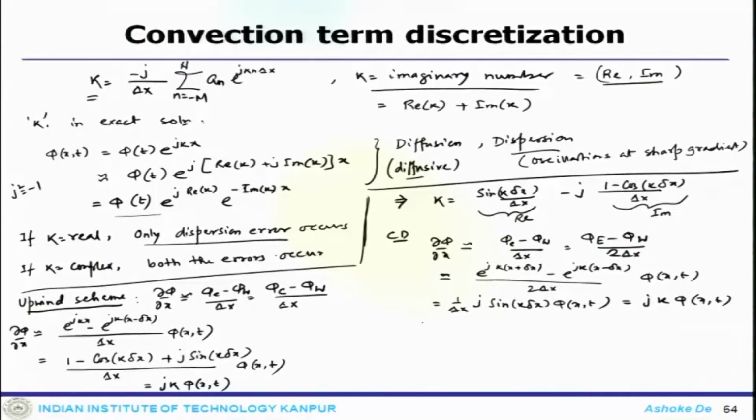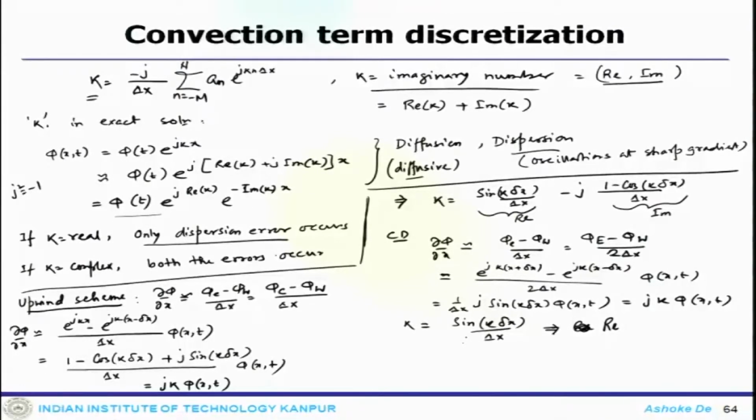From this one can get k equals sin(k delta x) by delta x, which is only a real component. So, only a real component of the system. If the real component is there, then that means the CD shows only dispersion error.